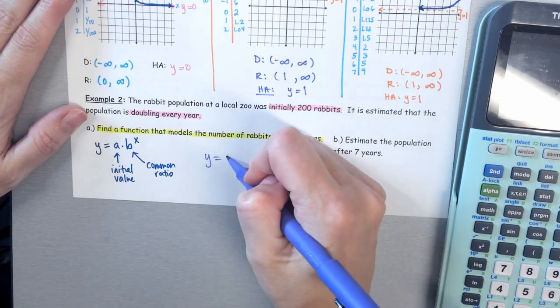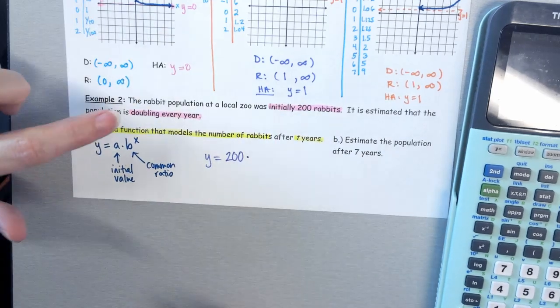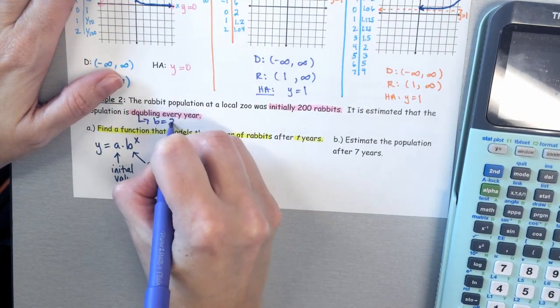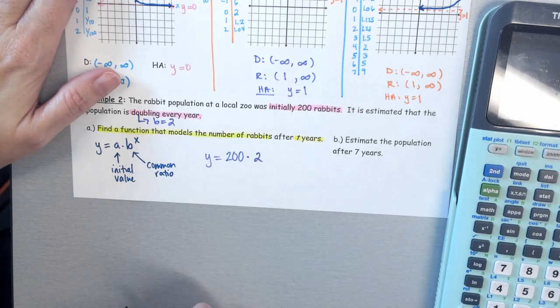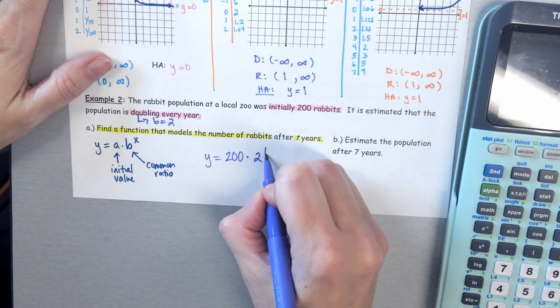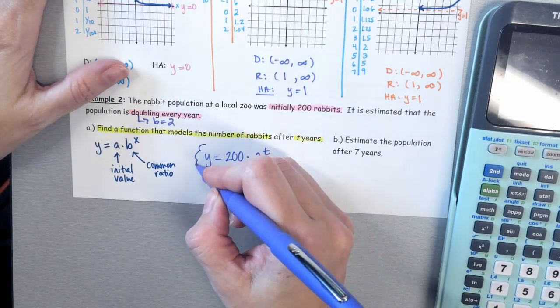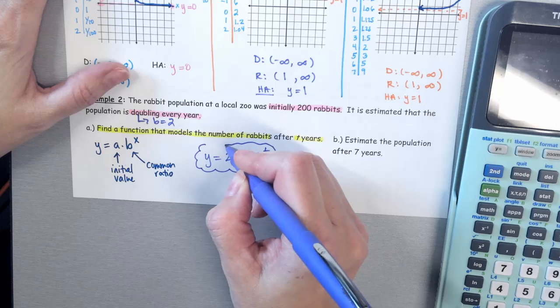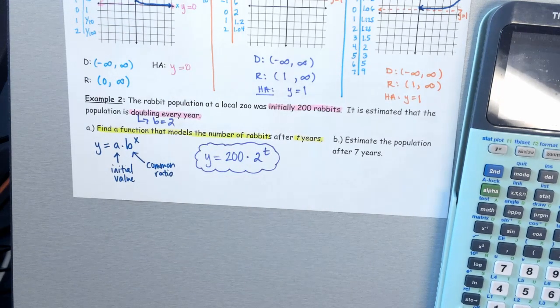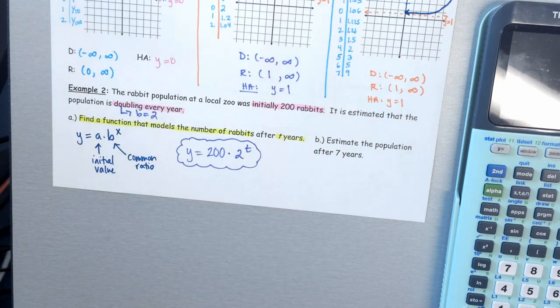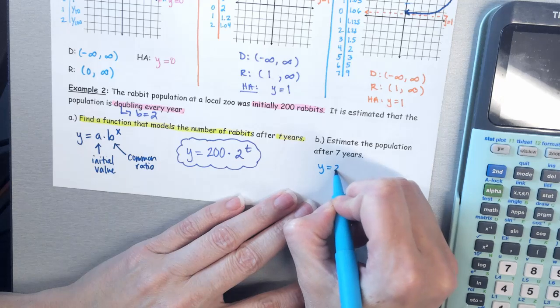If it's initially 200, it's going to be 200 times. If it's doubling, that means the base is 2. Okay, and then you can just use t for the time. Okay, and they tell you that t is in years. So this is your function. So we're going to estimate the population after 7 years. All we have to do is plug in 7 for t. So will you go ahead and calculate that?